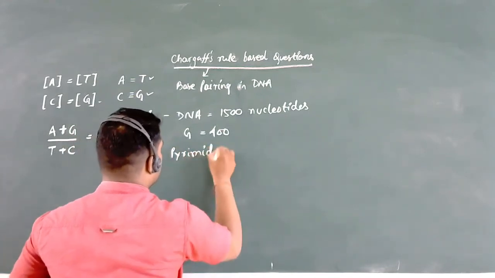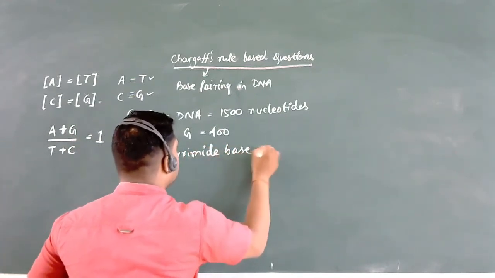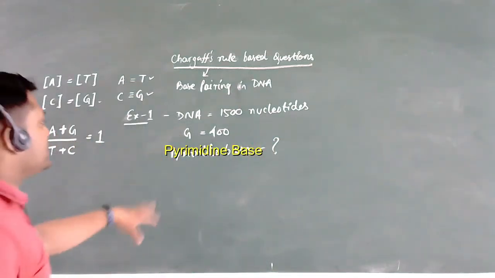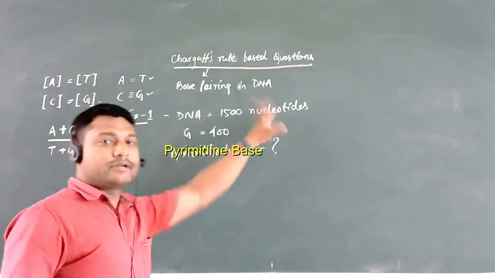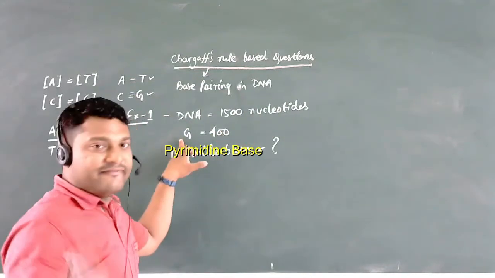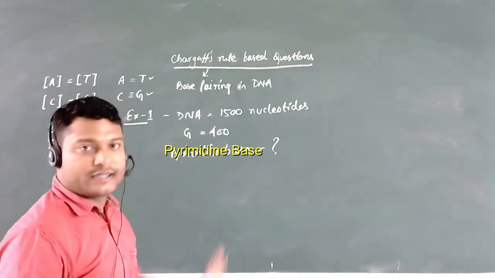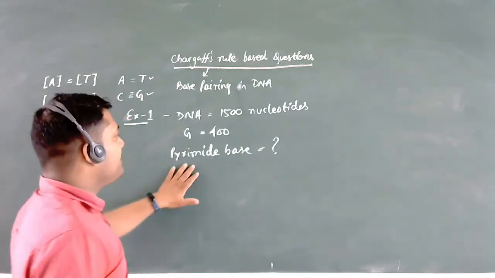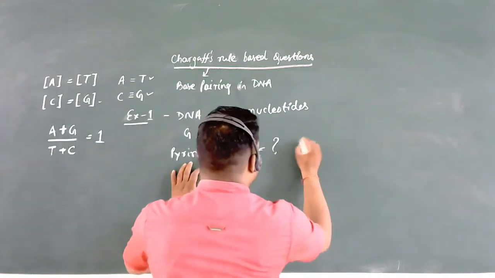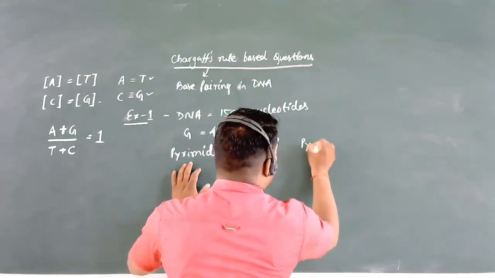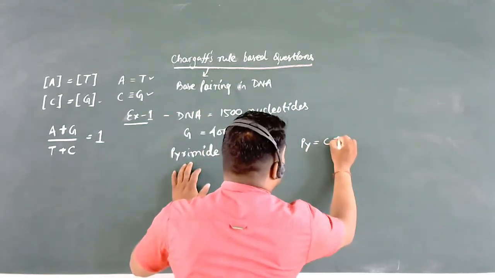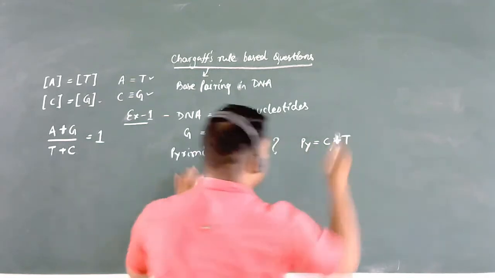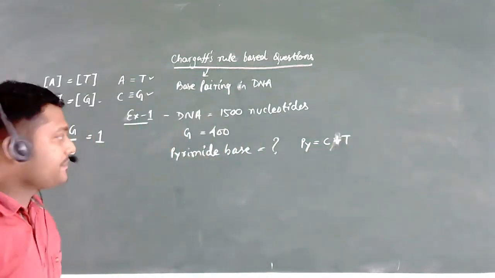First, the total number of nucleotides is given, and the guanine value is given, that is 400. Now we have to find the pyrimidine bases. Pyrimidine means cytosine plus thymine in this DNA.